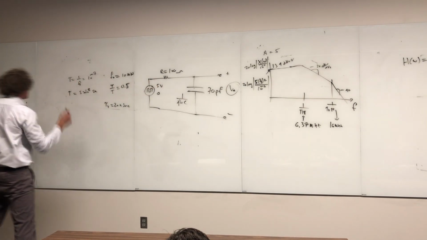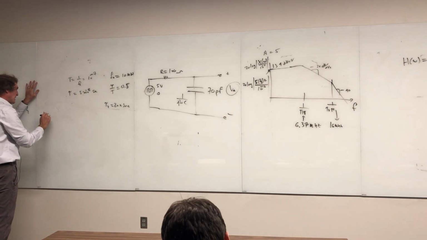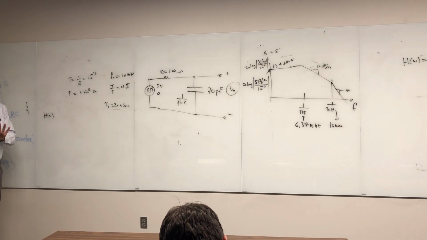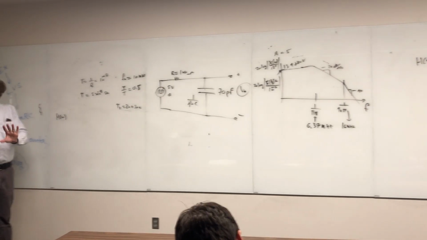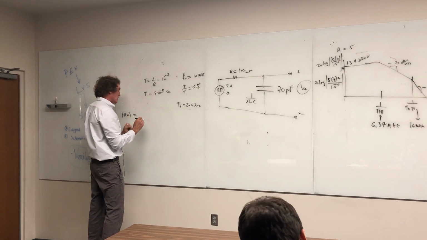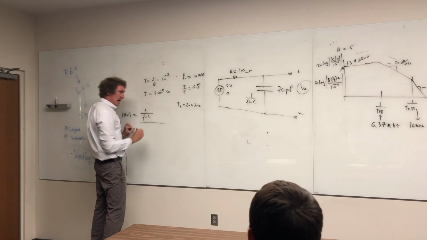So when I take a look at this, I can say that my transfer function, h of omega, and watch this carefully because this is the one people have a problem. They mess this up, and it's very easy, but people mess it up. When I look at this, I can say that that's 1 over j omega c. That's the output impedance.